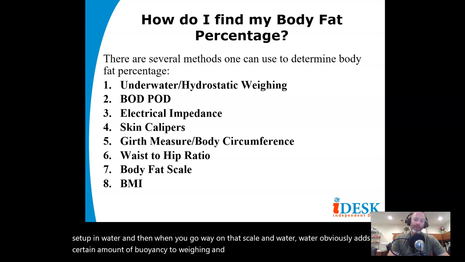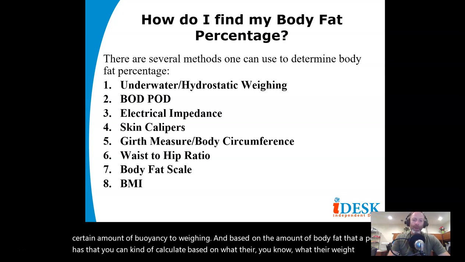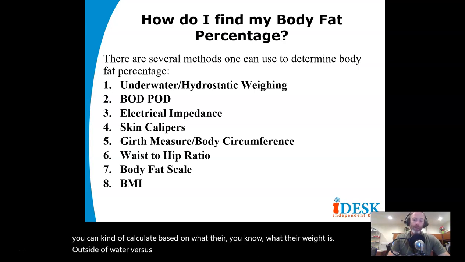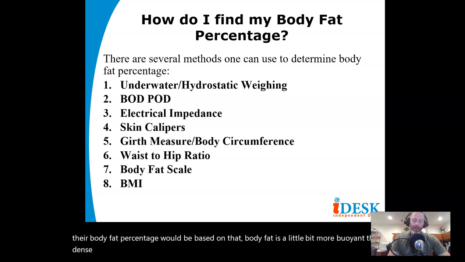Based on the amount of body fat a person has, you can calculate it from their weight outside of water versus their weight in water. There's an equation to figure out their body fat percentage from that. Body fat is a little more buoyant than dense body mass, so that's the logic behind how it works.